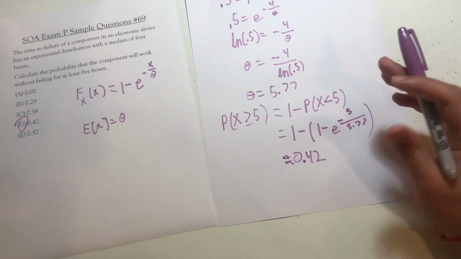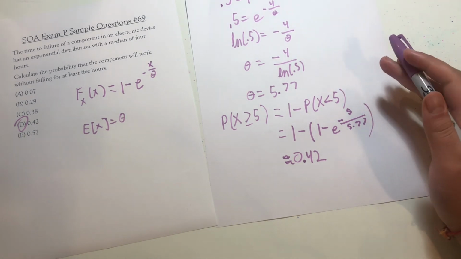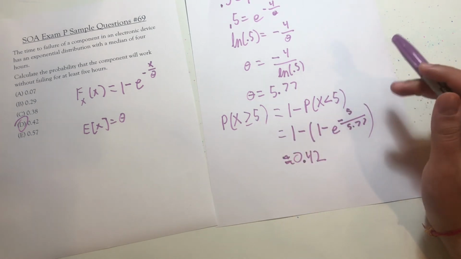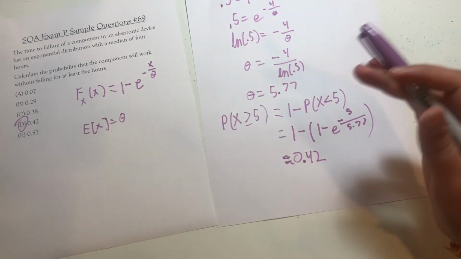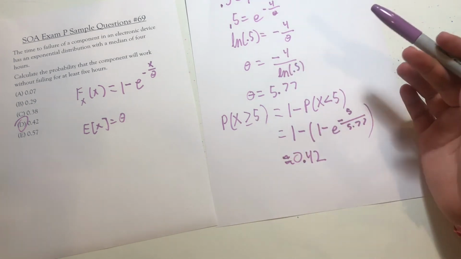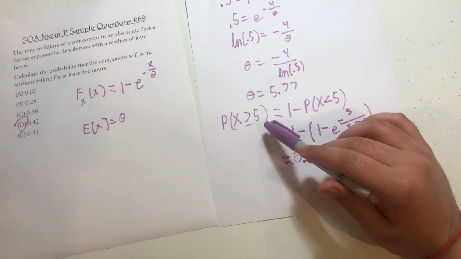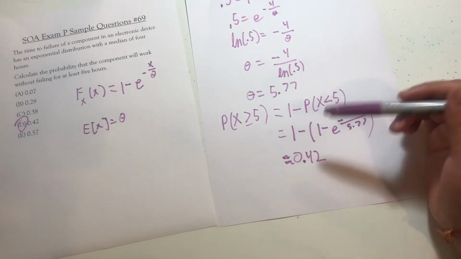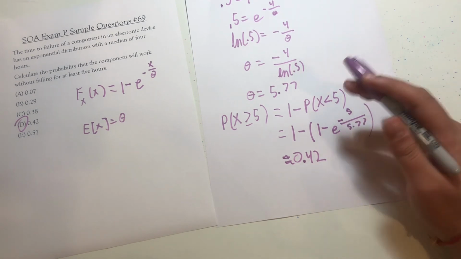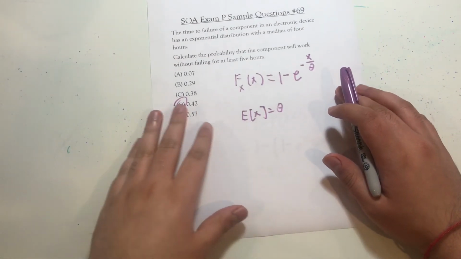However, the question asks for the probability that the component survives, so I took the complement of the failure event, and I got 0.42. Nothing to it other than that.